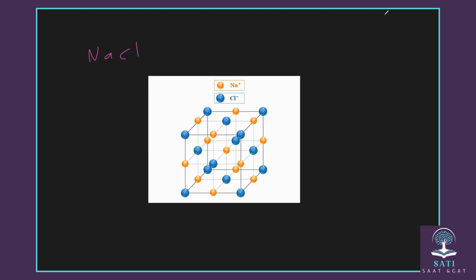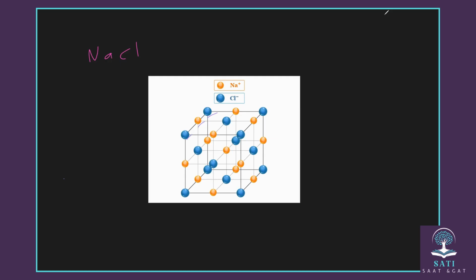In one small piece of salt, you're going to see sodium and chlorine atoms arranged exactly like this. And this is just one part. Imagine this continues to the left and to the right. These represent the atoms of chlorine and sodium. As you see, chlorine is bigger and sodium is smaller.